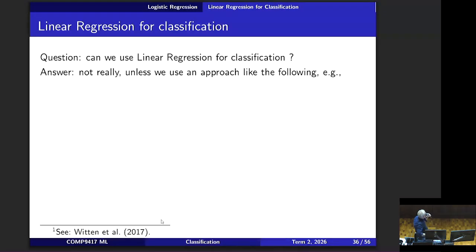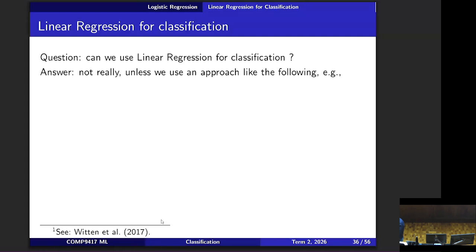Let's ask this question. So you might say, well, you spent a lot of time talking about linear regression. Linear regression fits a line. Now you're telling us that linear classification, which is just, again, finding a line, is like a different thing.